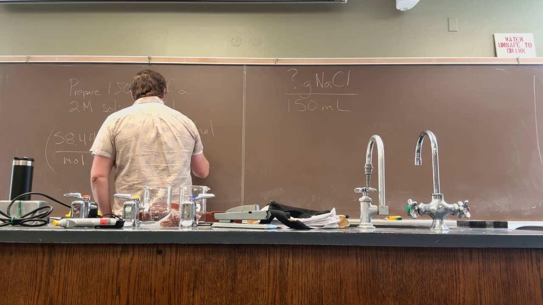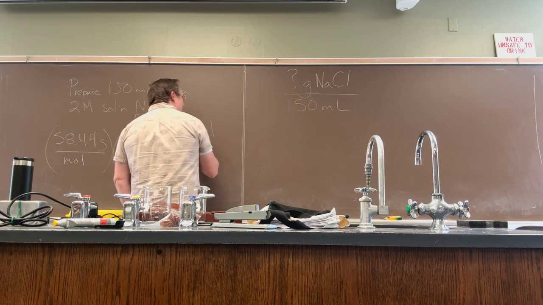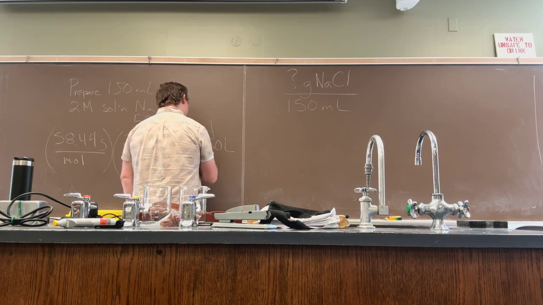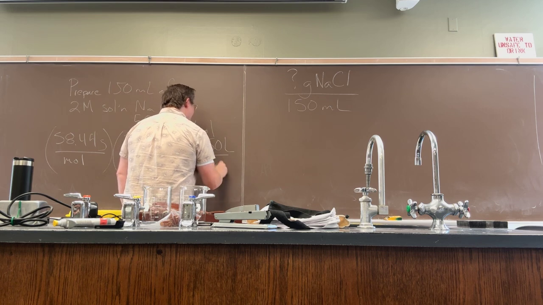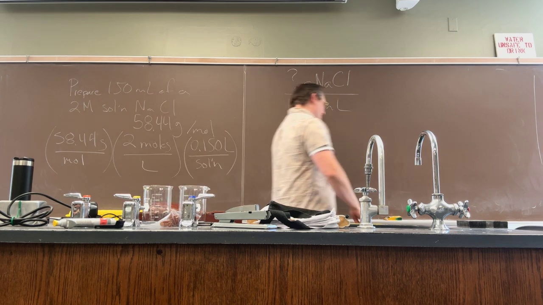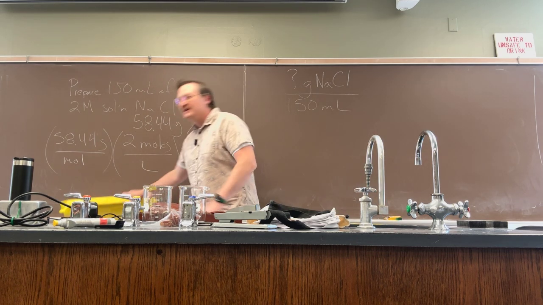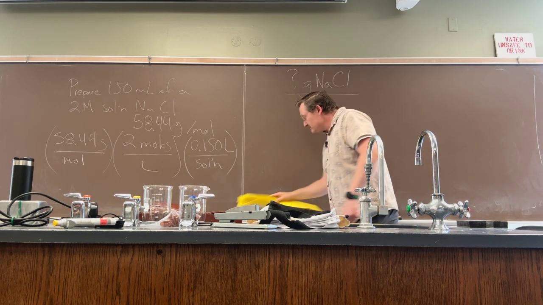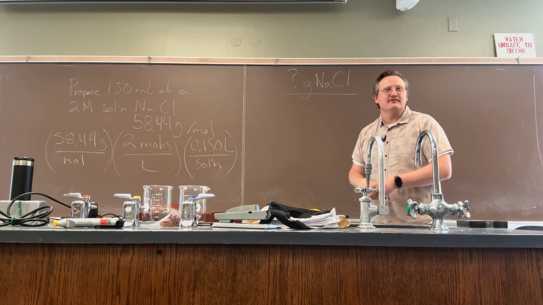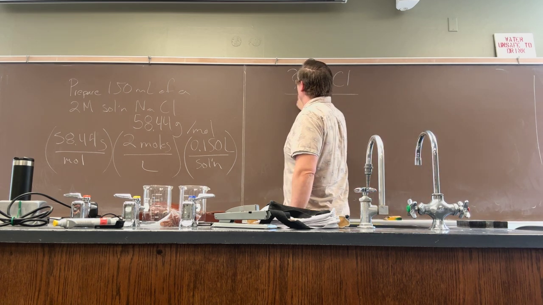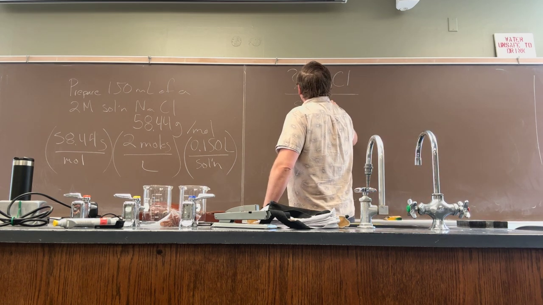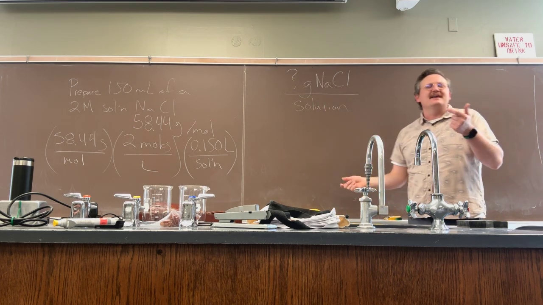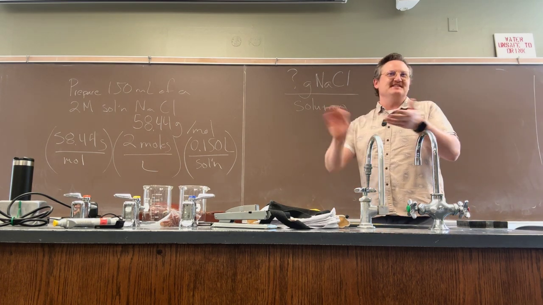I'm going to be a stinker here and use 0.150 liters per solution, and I'm going to change the units of my answer to grams sodium chloride per solution. This is sloppy envelope math, which you do on a piece of scratch paper.